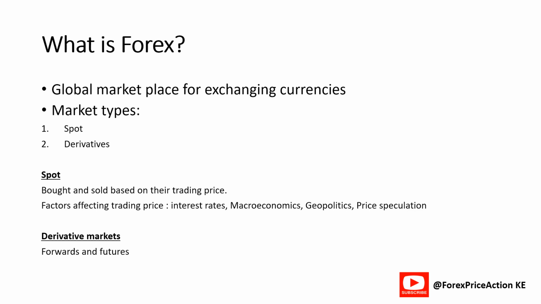trading, and spot prices are affected by a lot of factors. Major factors being interest rates, macroeconomics, geopolitics, and price speculation. Interest rates, I'll give an example using the dollar. See, interest rates affect return. Let's say when the Fed decided to increase its interest rates over the period 2023, we saw a lot of flows to the dollar.